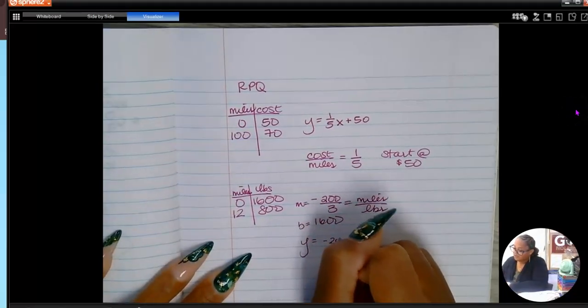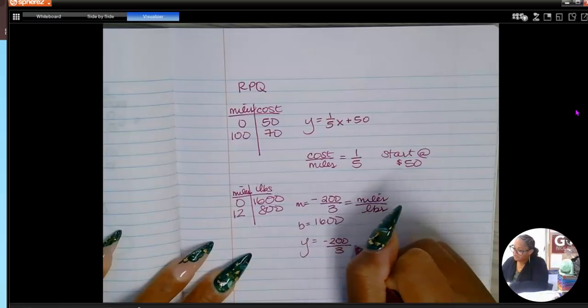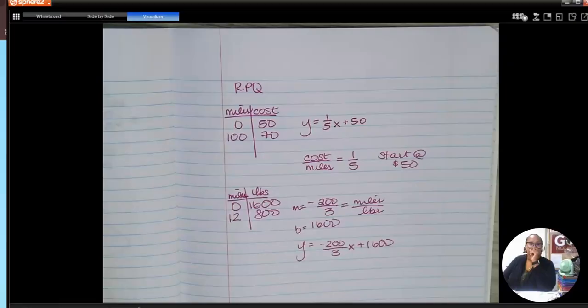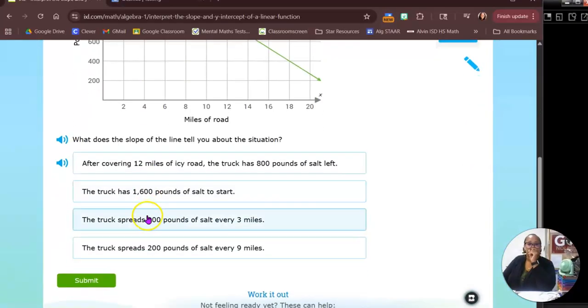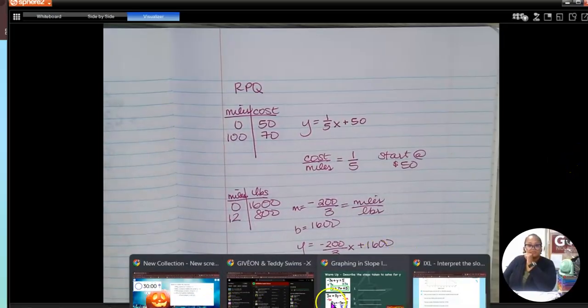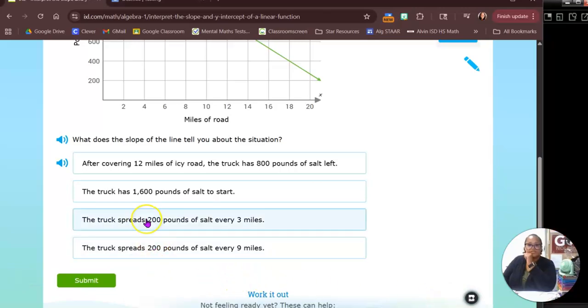Y equals negative 200 thirds x plus 1,600. It says after covering 12 miles of icy road, the truck has 800 pounds left. But we want to know the slope, the rate. So this is a true fact, but this doesn't talk about the rate. The rate we wrote here has to do with 200 over 3. Here's the 200.